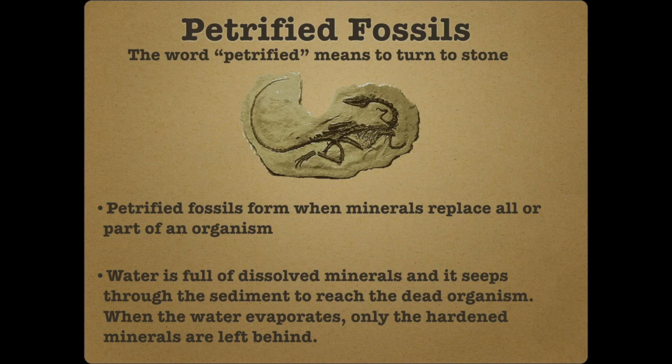It turned the bone into mineral because of the conditions that were there. Water is full of dissolved minerals, and that water seeps into the sediment and reaches the dead organism. The water will evaporate out of the soil, and that will leave the minerals, and the minerals harden in what is left behind of the organism.